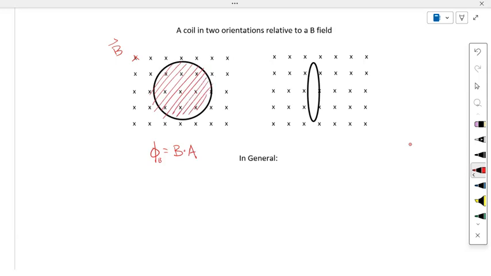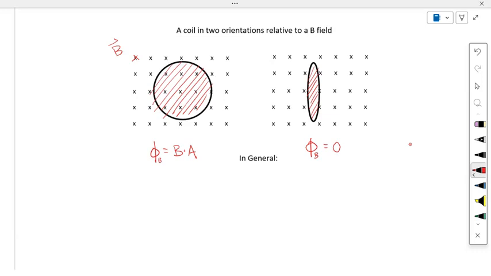Now, in this case, the loop is oriented perpendicular to the plane of the page, and so none of these magnetic field lines poke through the loop. In this case, the flux is 0, which suggests that there's a special relationship between when there is flux and when there isn't.